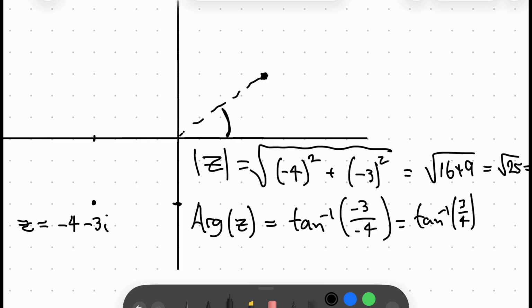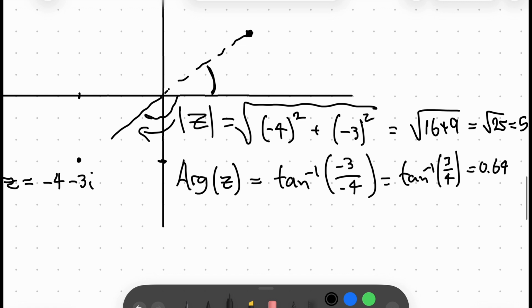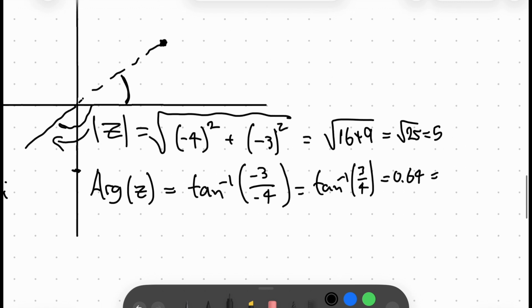But we don't want that. We want the angle, that one there. So we're going to have to add pi to whatever we get, because then it'll bring us around. Or rather, I should say, we're going to have to minus pi, because we want a negative angle to show that we're going this way. So 0.64, and we're going to have to minus pi. The actual angle is going to be negative 2.498.